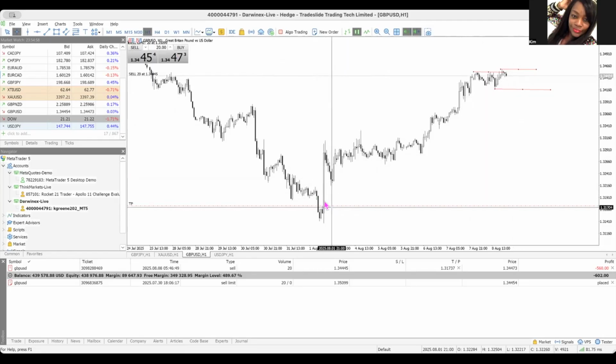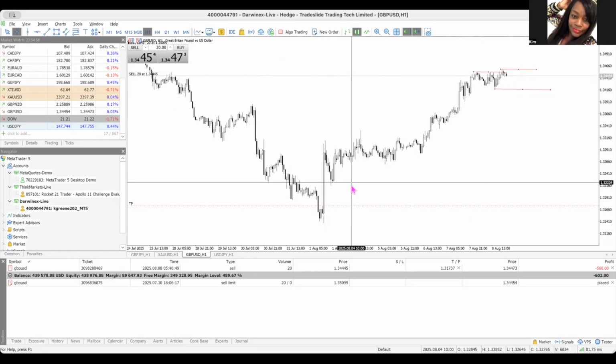Now, on MT4, MT5, this is my TP. If I hover over where I have my TP, it'll tell you how much you'll make when TP hits.